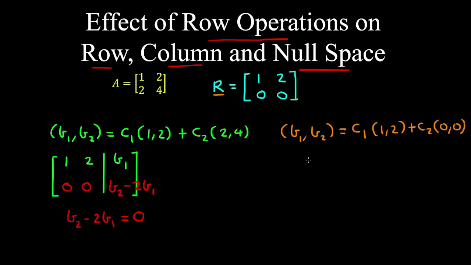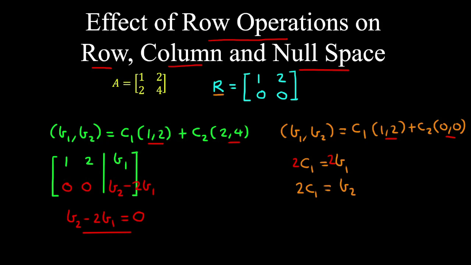So in this case, we have C1 is equal to B1 and 2C1 is equal to B2. So if we multiply the first equation by 2 and subtract it from the second, we can see that B2 minus 2B1 is equal to 0. So effectively, the row vectors in both matrices span the same space.